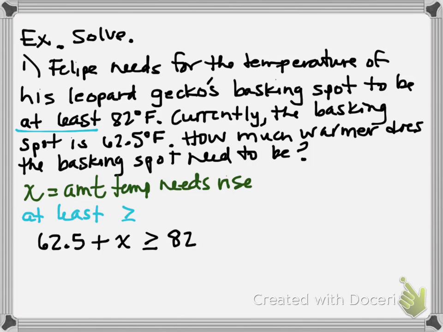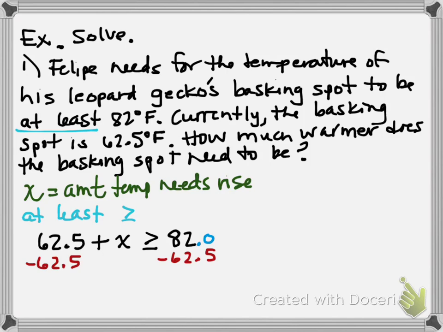Okay. Now we're ready to solve. All I have to do is subtract 62.5 from both sides. Now, this brings up a little bit of an issue in that there's no number to subtract the 5 from. So we're going to adjust our 82, putting in a decimal point and a 0.